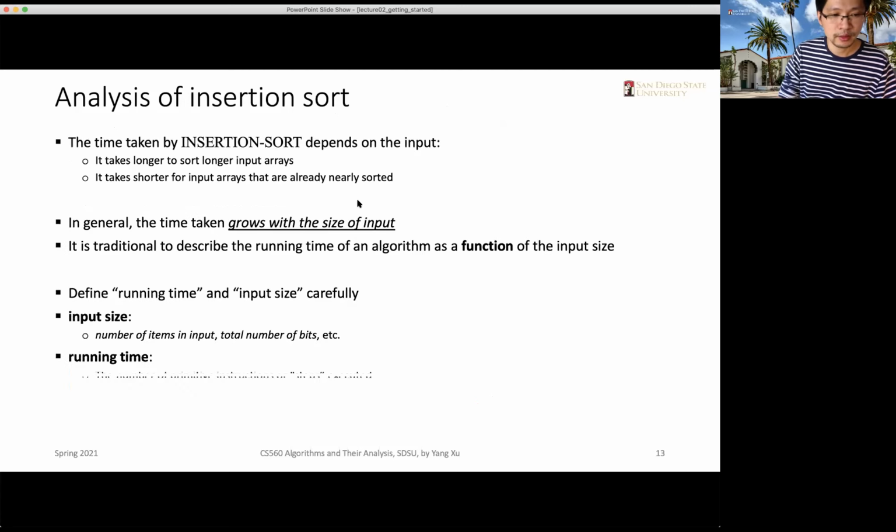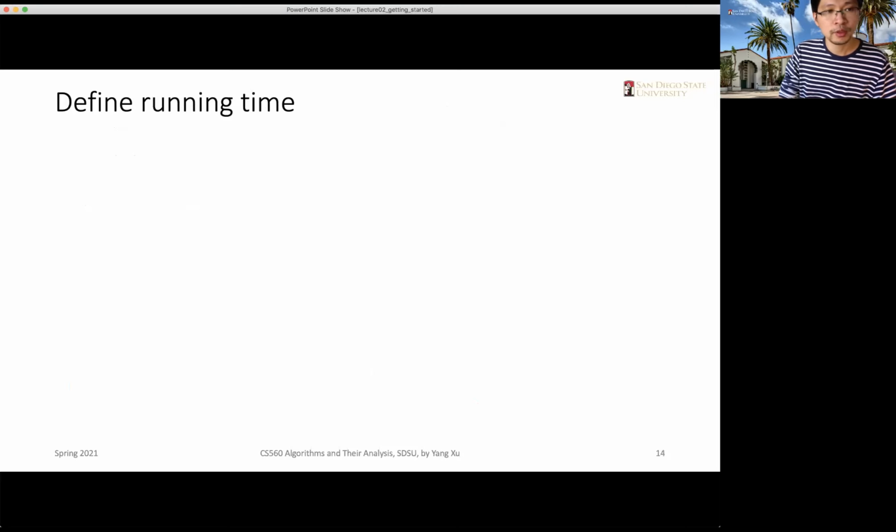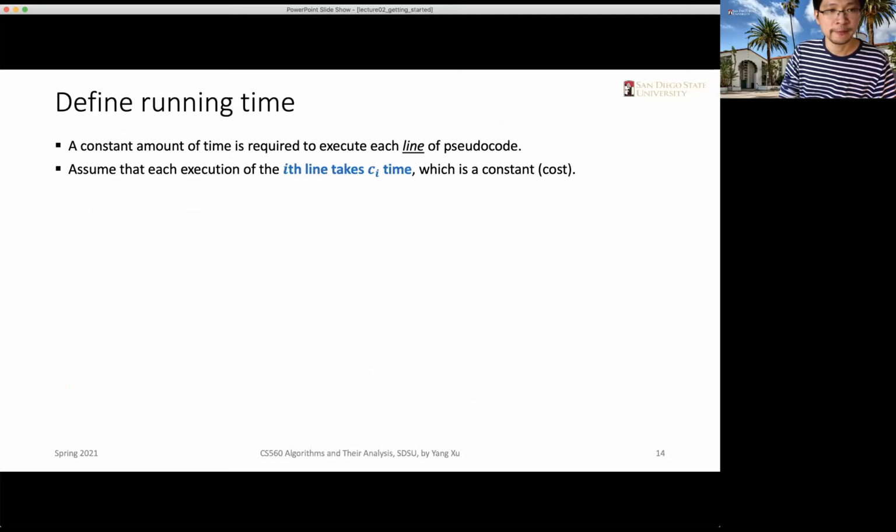All right, based on these assumptions, we can try to define the running time for each line of code in the pseudocode. We assume that the ith line takes c_i amount of time. Let's use c to indicate a constant.